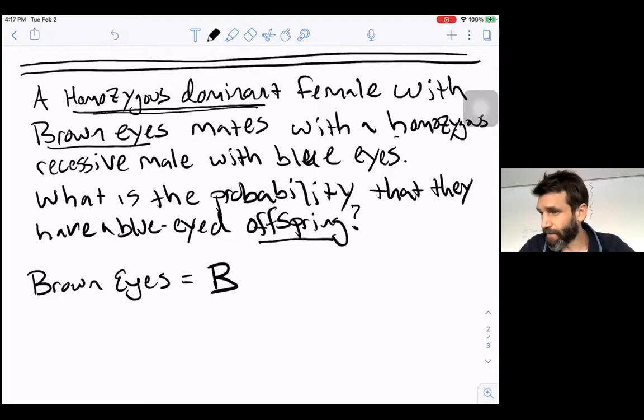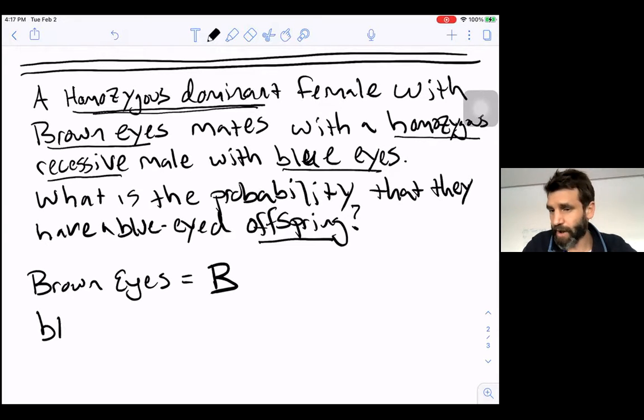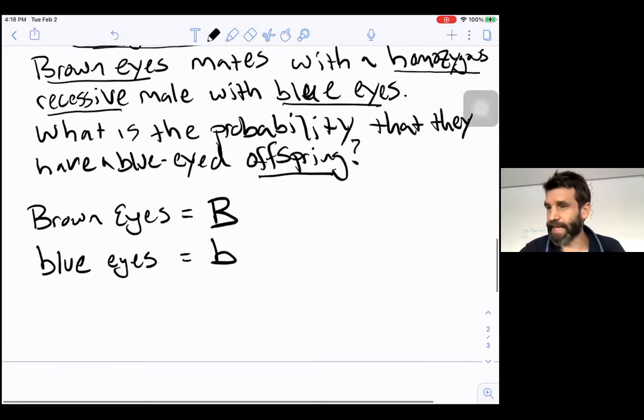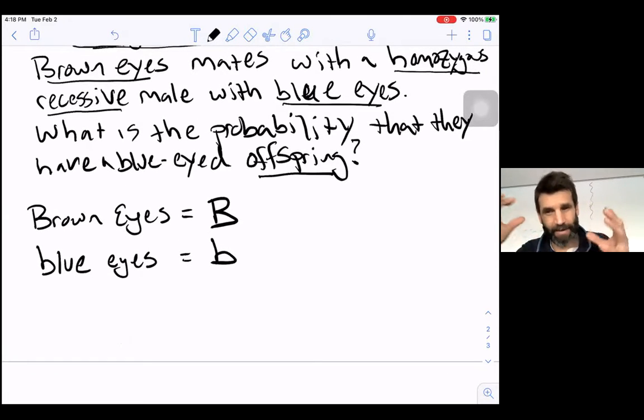And we got another piece of information that says homozygous recessive with blue eyes. So we know blue eyes is little b. And then they said that they mated. So in genetics, we call this a cross. Even when we're talking about humans, we'll call it a cross.